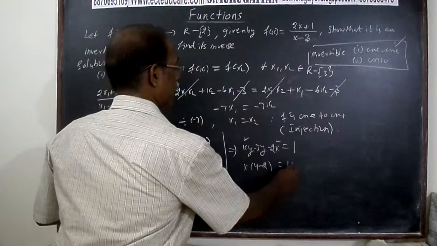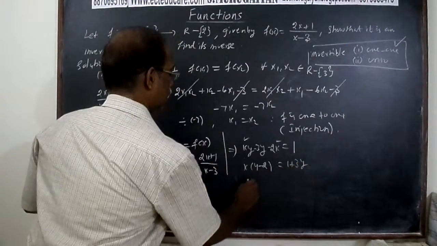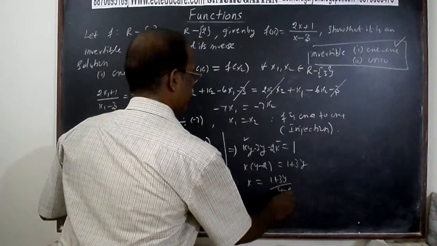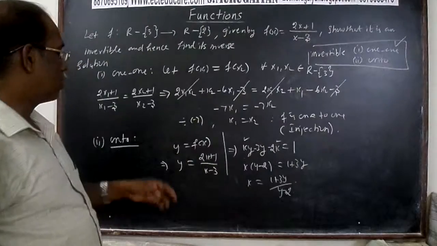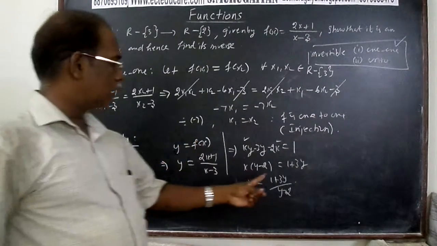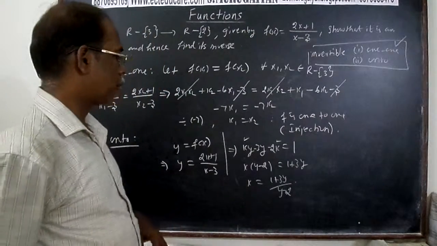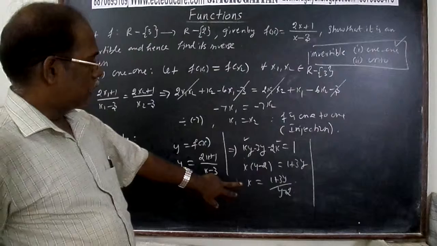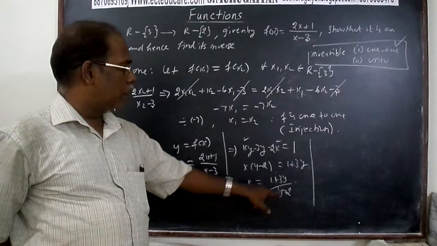The other side 1 plus 3y. Now x equal to (1 + 3y)/(y - 2). We have succeeded in converting the explicit function of y into the explicit function of x. Okay, so dear student, x equal to (1 + 3y)/(y - 2).